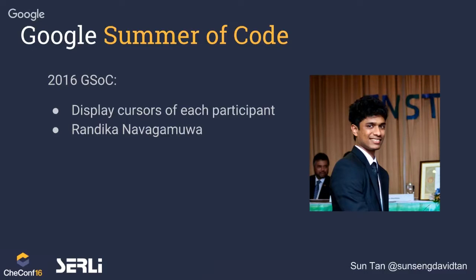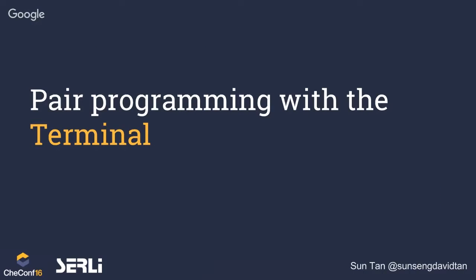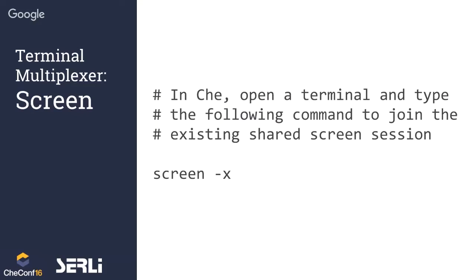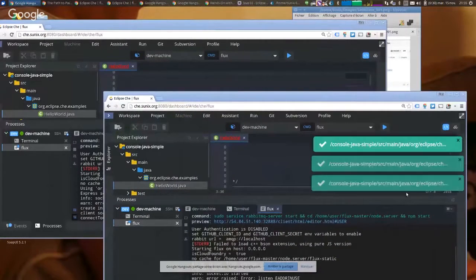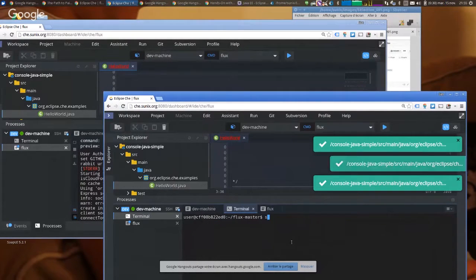Because we are getting almost at the end, I'm going to show you what we can do with the terminal in Che. For instance, if you want to show someone how to use Git in the terminal, what we can do is use one of the Linux terminal multiplexers. There are several ones: there's Tmux and there's Screen. So if you use Screen, I'm going to go back to Che, open a new terminal, and launch Screen.